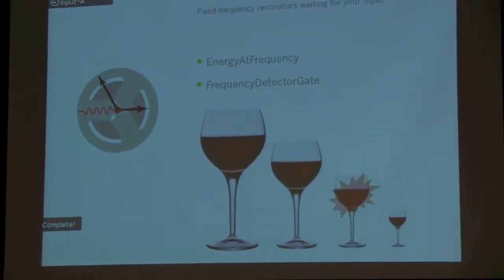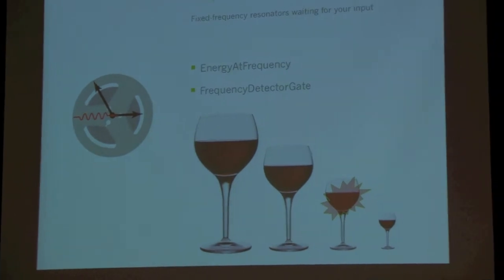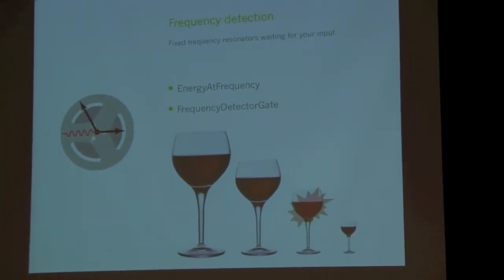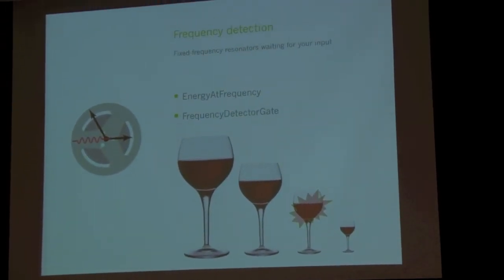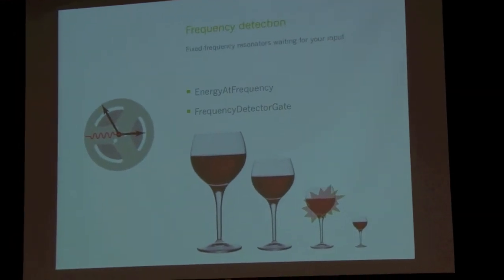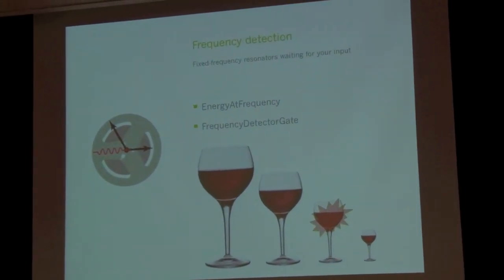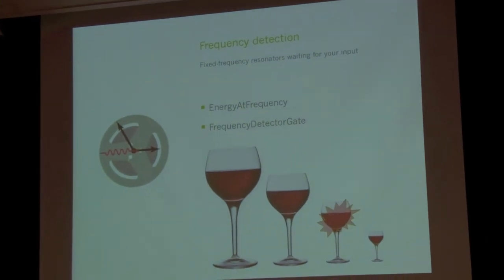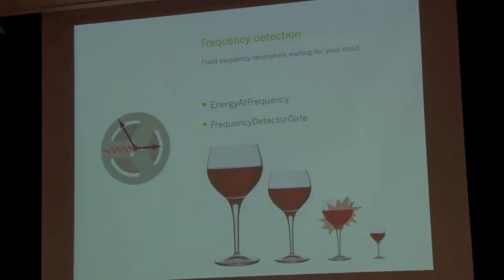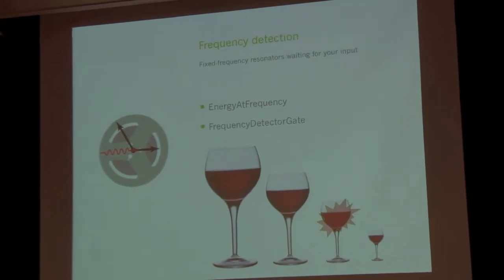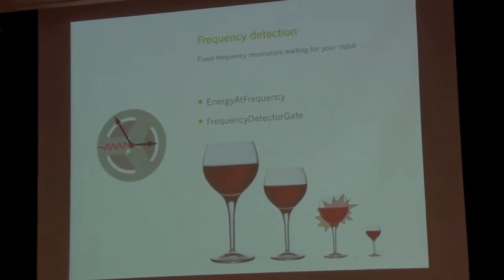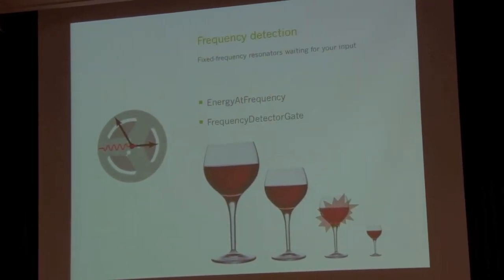In addition to tracking, following the frequency envelope, you can also set up something to detect when a particular frequency occurs. This is kind of like setting out some resonant objects like glasses of wine and asking an operatic soprano to sing the highest pitch that she can sing.